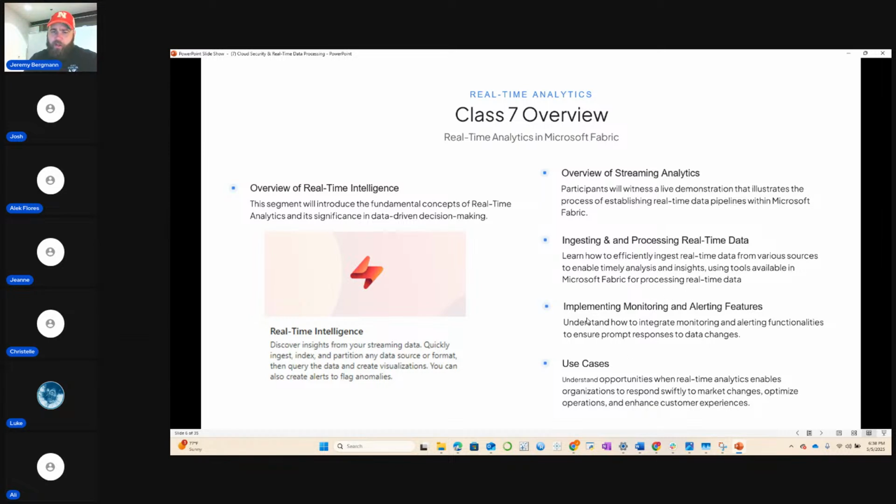One of the good things is that you can implement monitoring and alerting features in real time, understanding how to integrate those monitoring and alerting functions to ensure prompt responses to data changes. So usually it's costly for organizations to do things in real time.